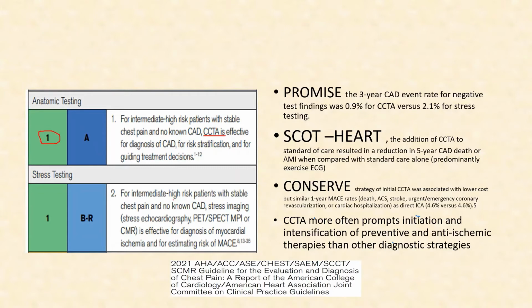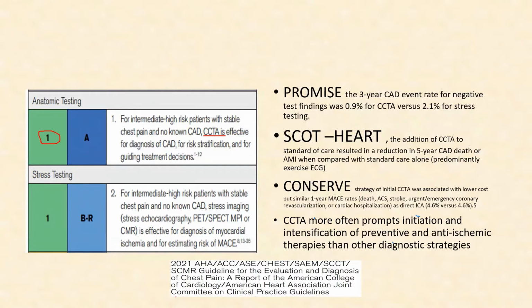Now, for an intermediate to high risk patient with stable chest pain and no known coronary artery disease, stress imaging, which is stress echo, PET, SPECT, MPI, or CMR, is effective for the diagnosis. Is there any difference between these two? There is no difference.